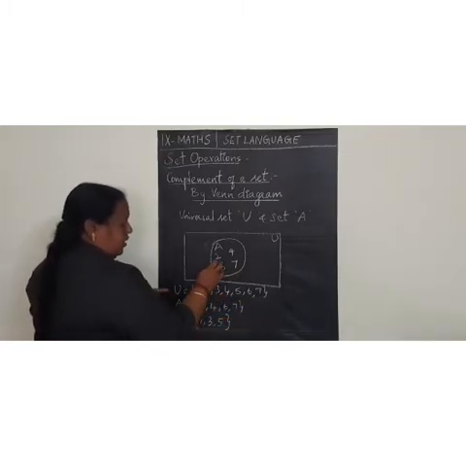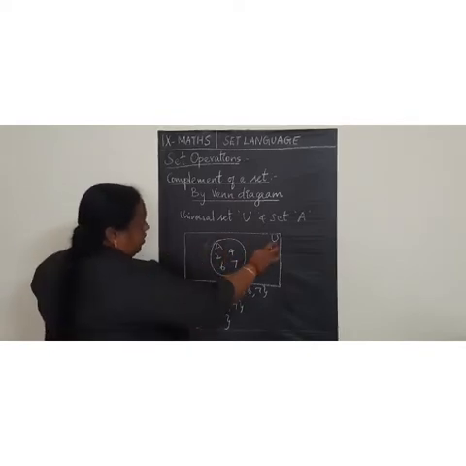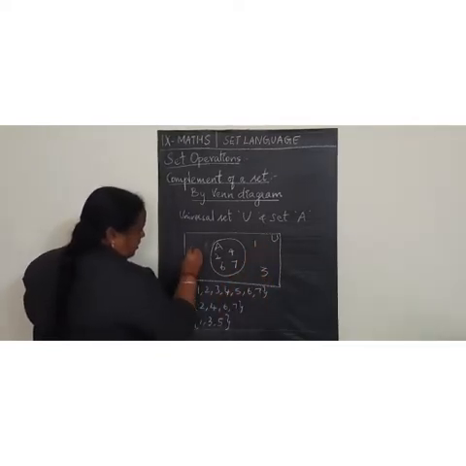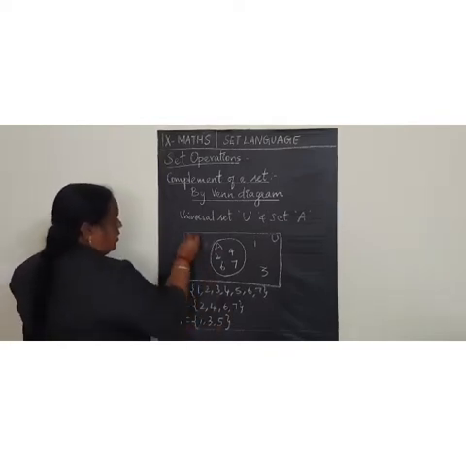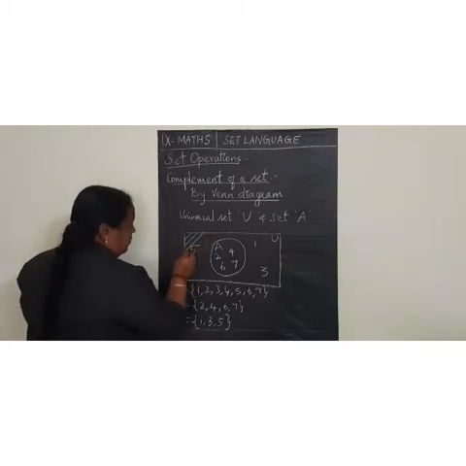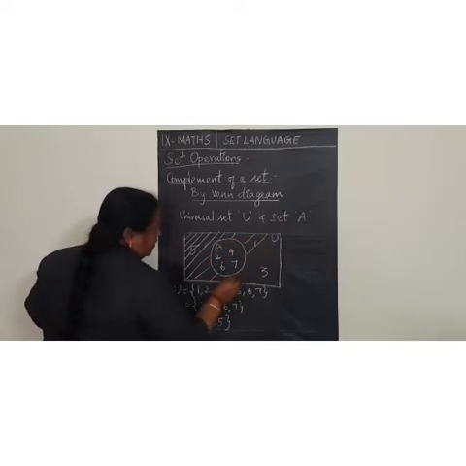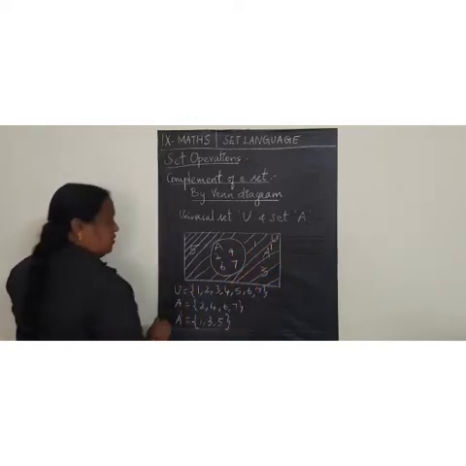Since 2, 4, 6, 7 are already written in set A, the remaining elements, 1, 3, 5, we write here. So A dash is equal to 1, 3, 5. This is the portion A dash. The shaded region represents A dash.